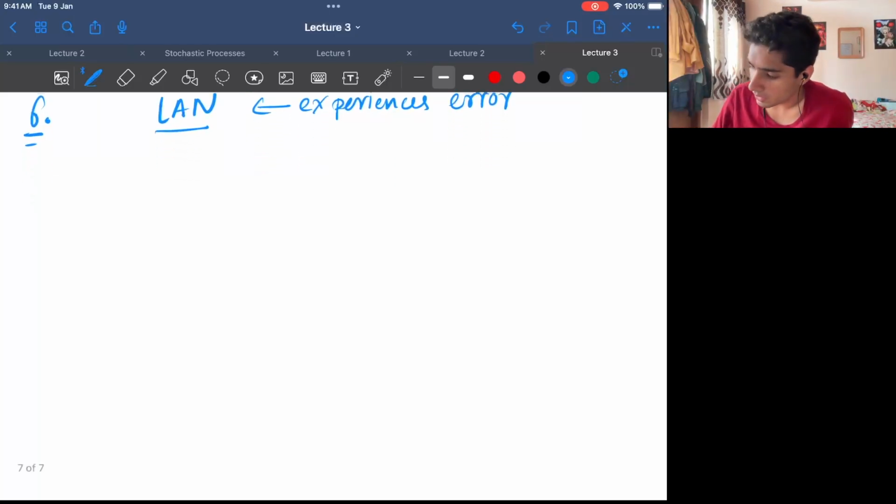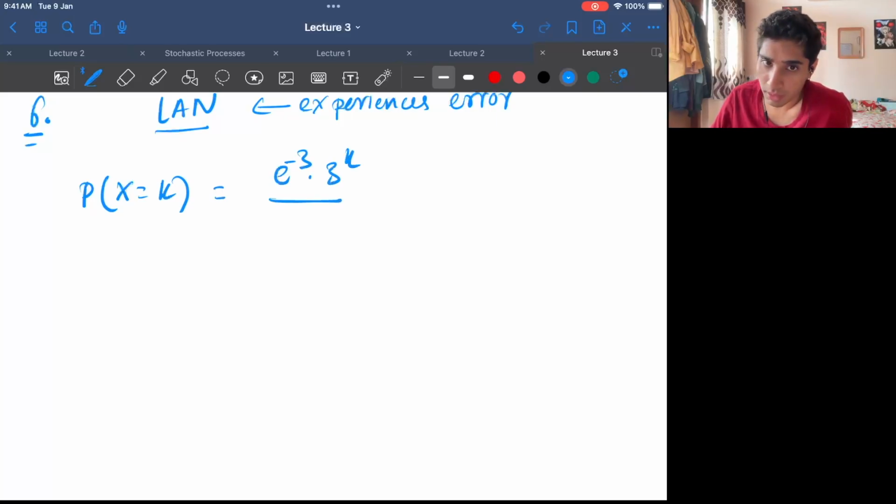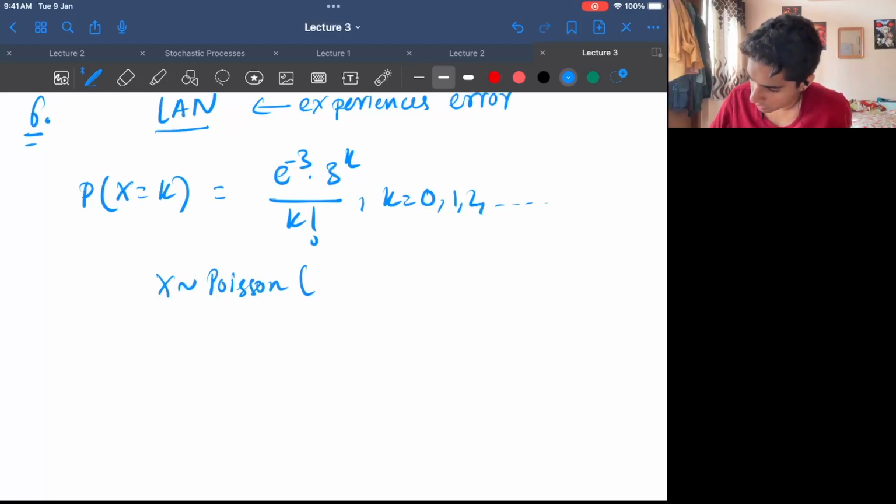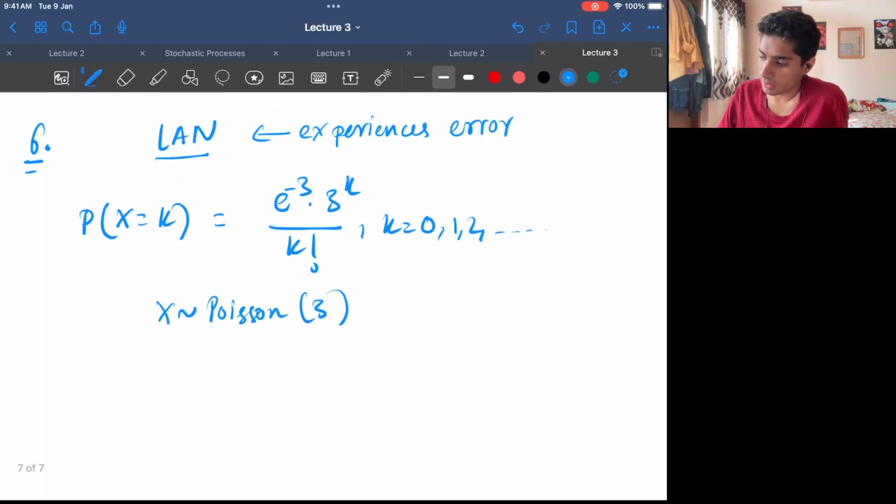So the probability of the number of such errors to be equal to k in 24 hours is given to be e raised to minus 3 into 3 raised to k upon k factorial. Now k can be equal to 0, 1, 2 or 3, and so on, right? So this is a Poisson distribution. So basically what you are saying is x is belonging to some Poisson 3, right? This is given to us.